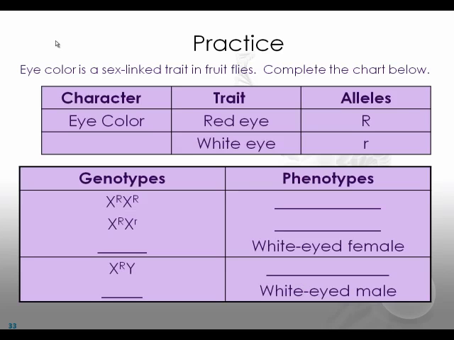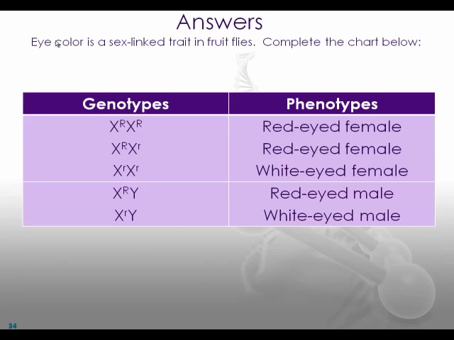Let's practice for a moment. Eye color is a sex-linked trait in fruit flies. Complete the chart below. Here are your answers. X big R, X big R is a red-eyed female. X big R, X little r is a red-eyed female, indicating that the female is the carrier.